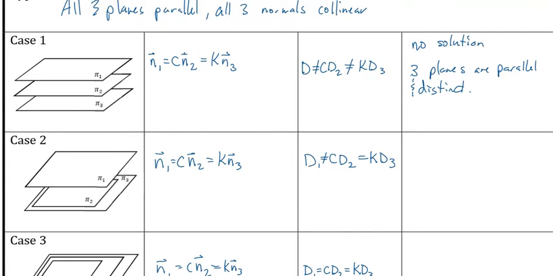None. So 2 planes are coincident. The third is parallel and distinct.